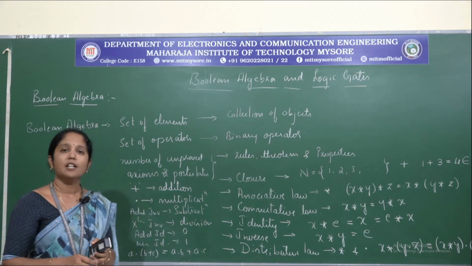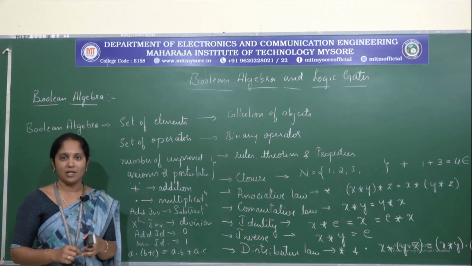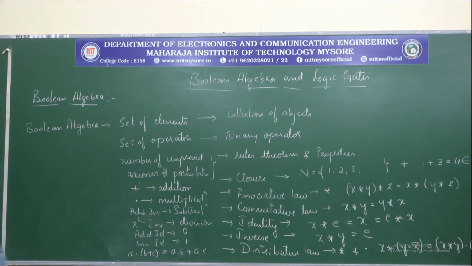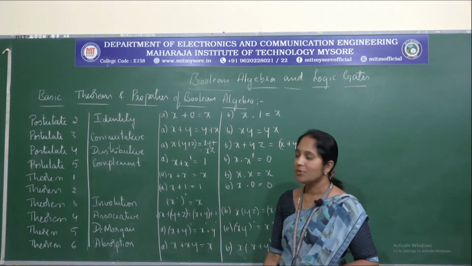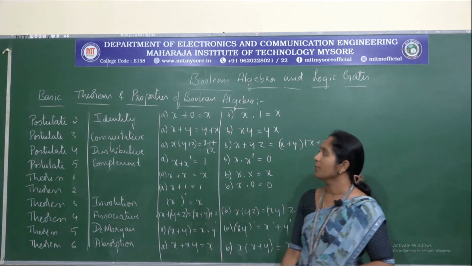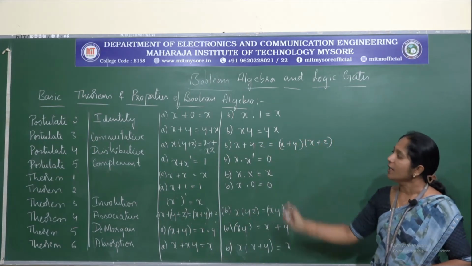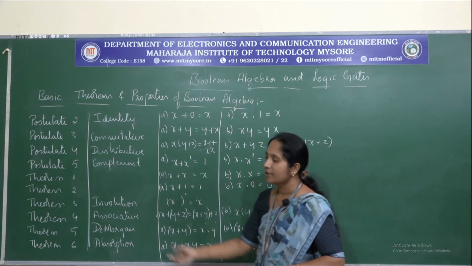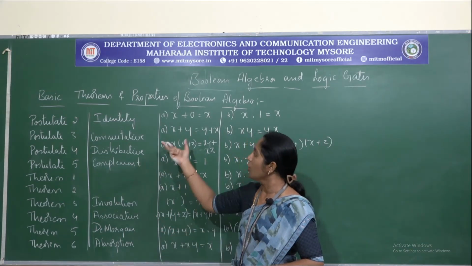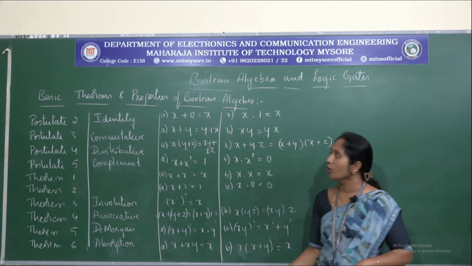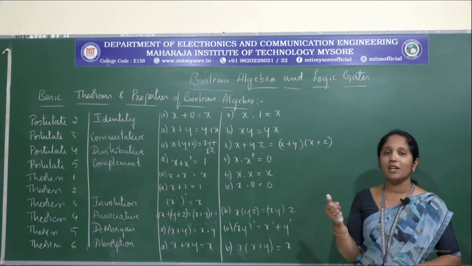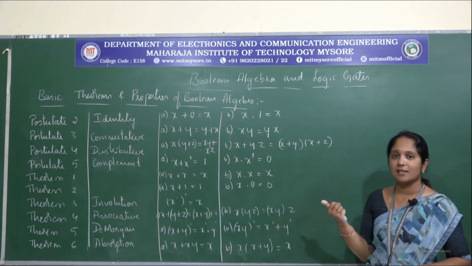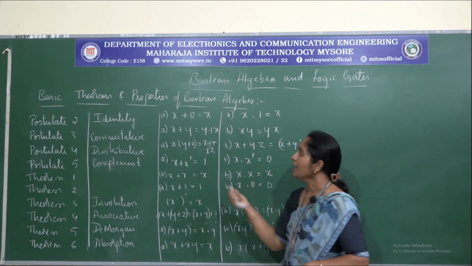Now let us see the different theorems we have in Boolean algebra, the basic theorems which are used. Here I have listed the postulates as well as the theorems which we commonly use. In the postulates for Boolean algebra, the first postulate is closure.